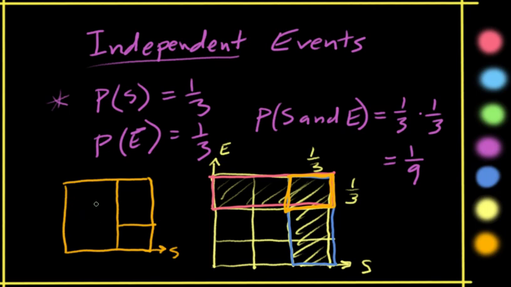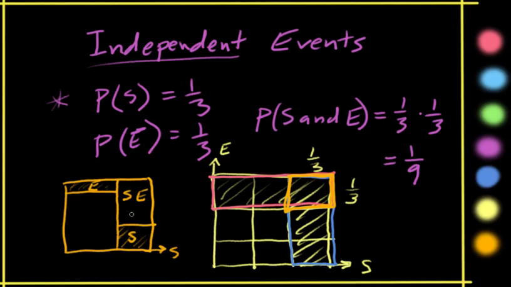Let's see if I can make this. I guess we can't draw it as a rectangle anymore because there's going to be a small probability of one of them getting an A when the other one doesn't. Let's say like this. So this might be Sam but not Ellie, and this might be Ellie but not Sam, and then this is Sam and Ellie, and this is neither one getting an A.